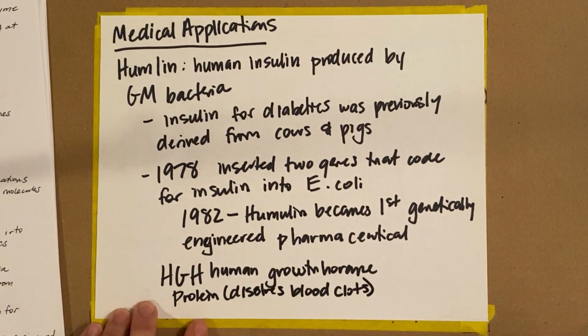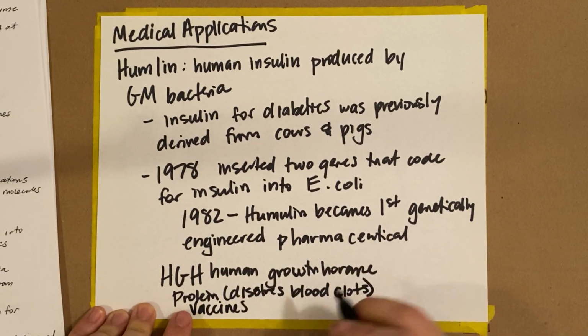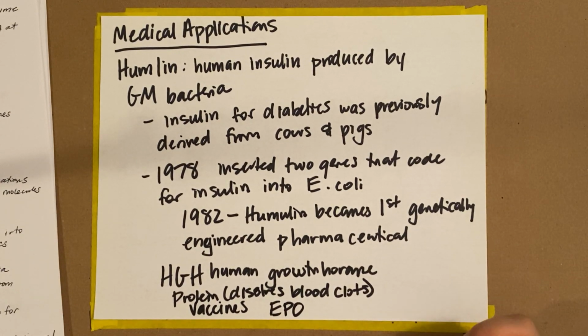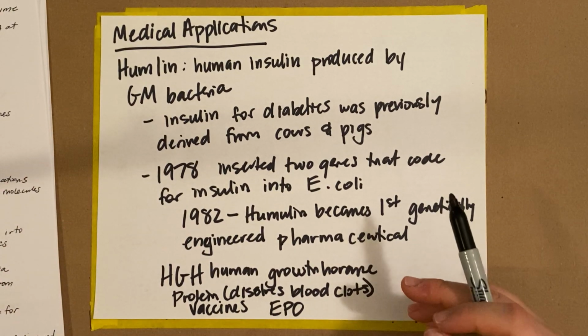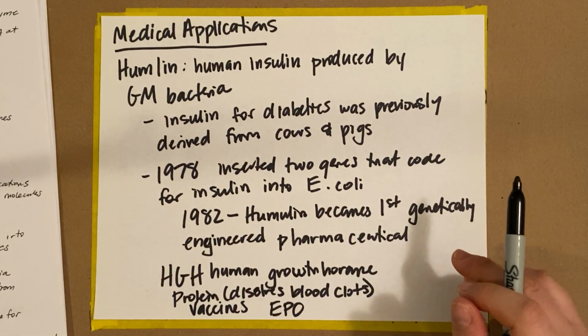Vaccines are often going to be made this way. And then EPO, which helps make red blood cells for individuals that are anemic, is also made in this form. So they insert the genes into bacteria and then basically use them as factories.